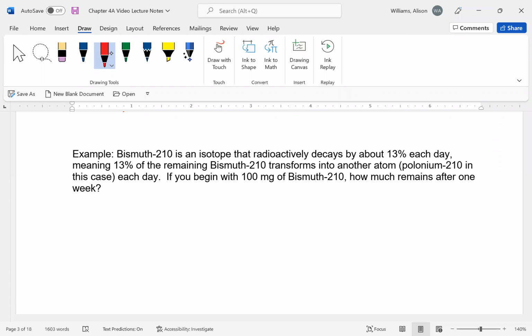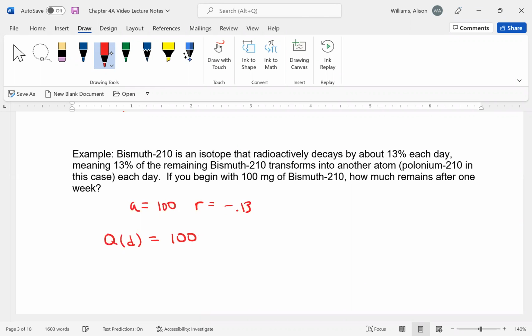Okay, so here's how our formula is going to be a little bit different. A, our initial amount, was 100 milligrams. R in this case is negative because we're decaying 13%, so I'll write 0.13. In their formula they use Q for some reason, I don't know why, we'll just stick with it. And since it's by day, instead of X they use D, representing days.